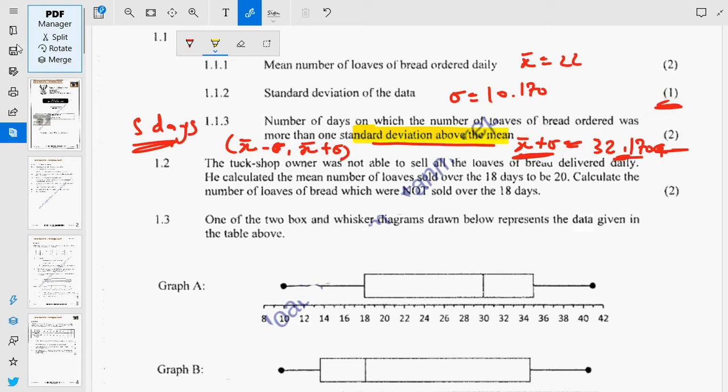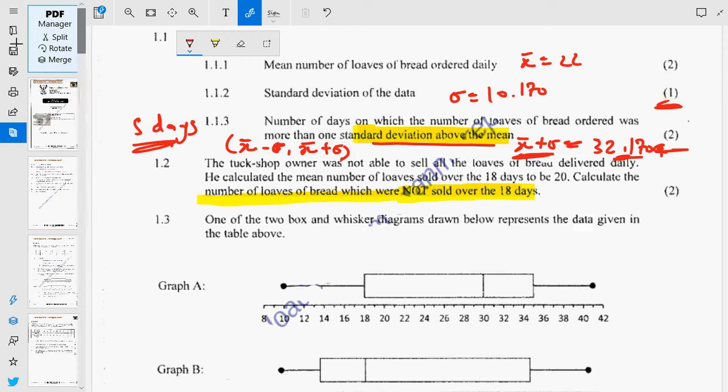Calculate, so you have to read the question carefully, the number of loaves of bread which were not sold. I suspect maybe this question tricked many people, but what they are essentially doing is giving you the mean number of loaves that were sold, and asking you how many were not sold.